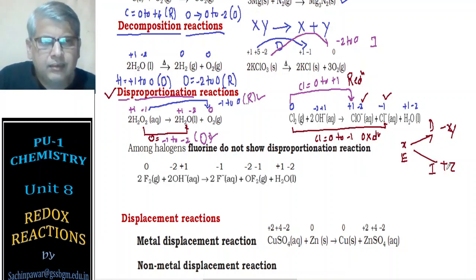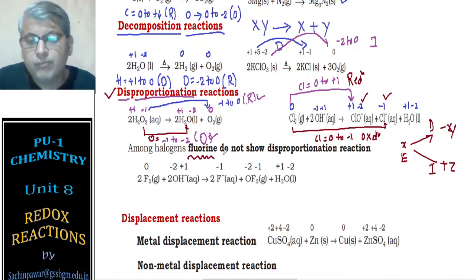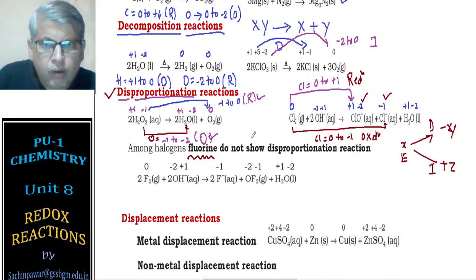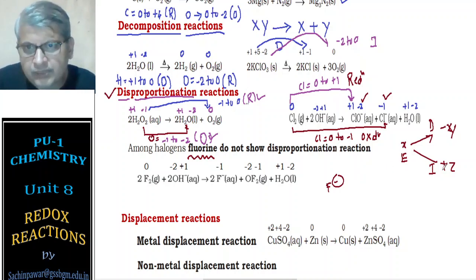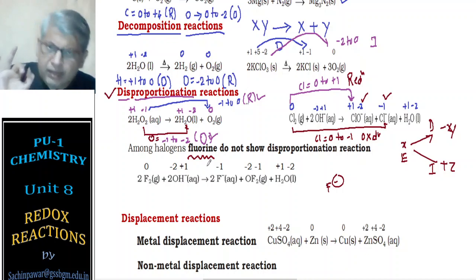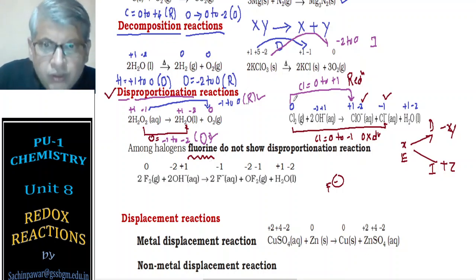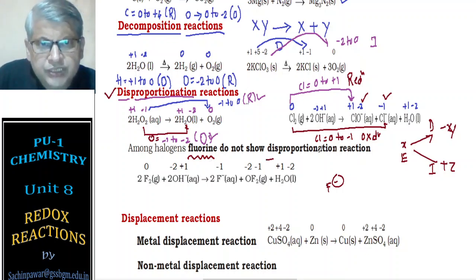Here the point to be noted is that fluorine is the most electronegative element, and it will always stay in the F- state. So changing its oxidation state to positive is not possible, and therefore fluorine will not show any disproportionation reaction.